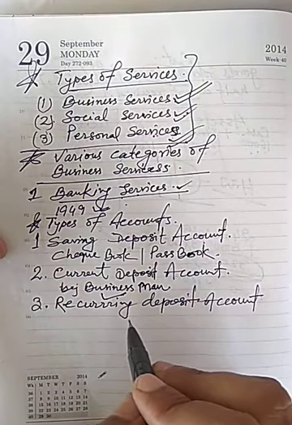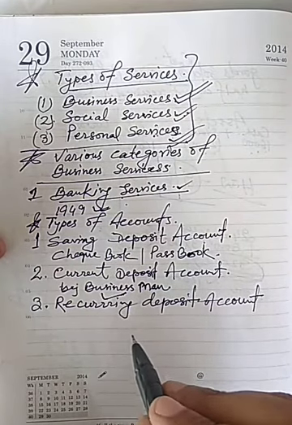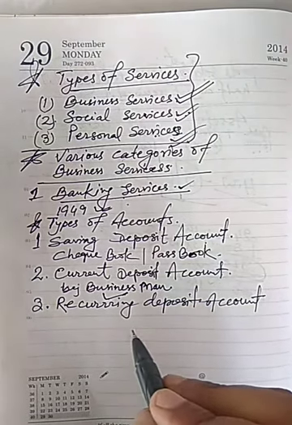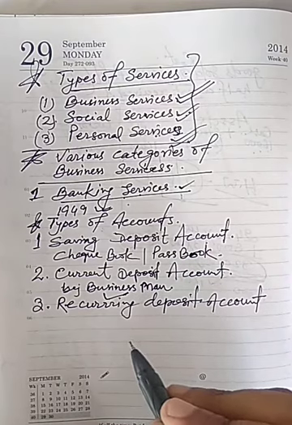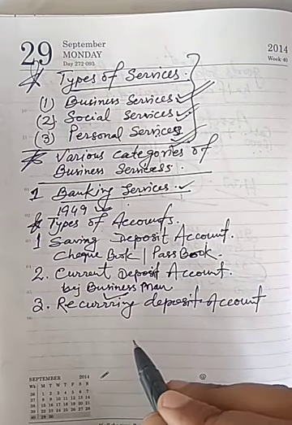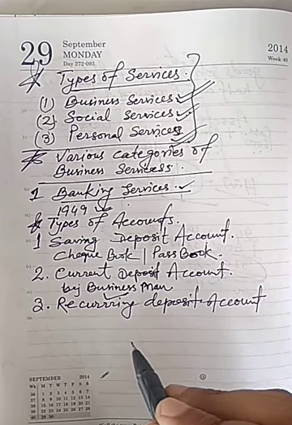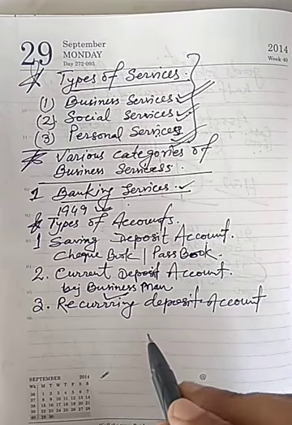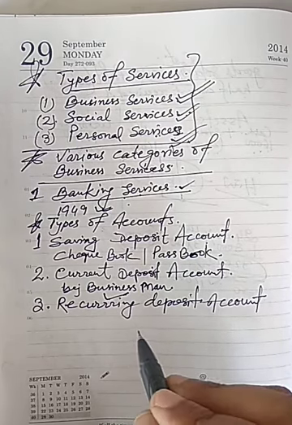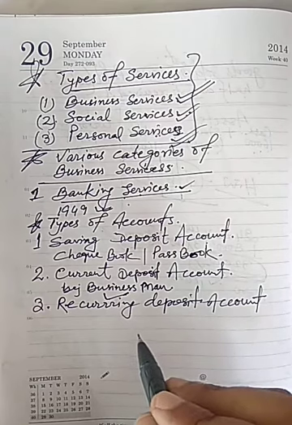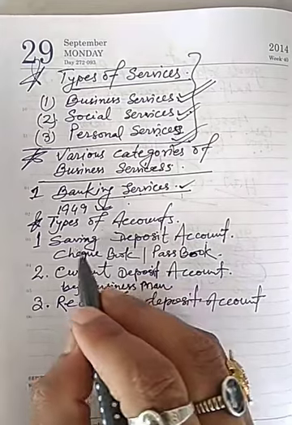In a recurring deposit account, a fixed amount, say suppose 1000 every month, for a fixed period can be deposited, or more amount. The amount together with interest is repaid on maturity. The rate of interest on recurring deposit is higher than that on saving deposit.